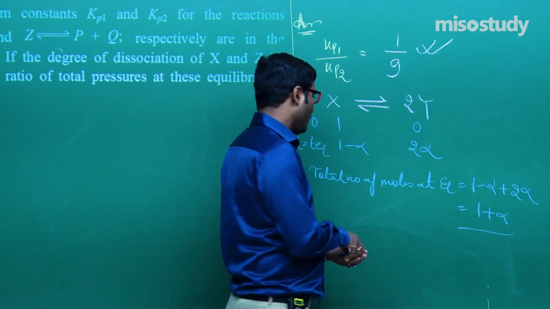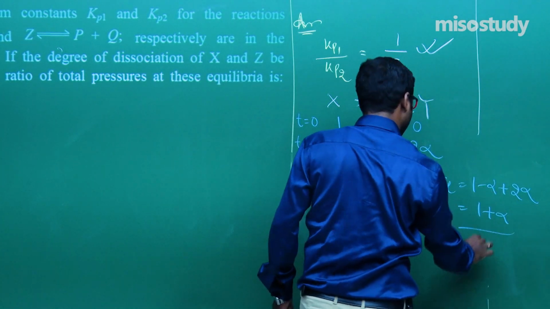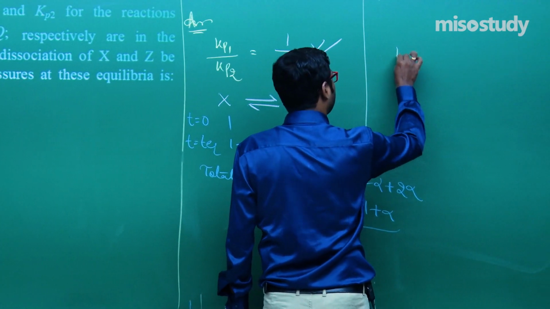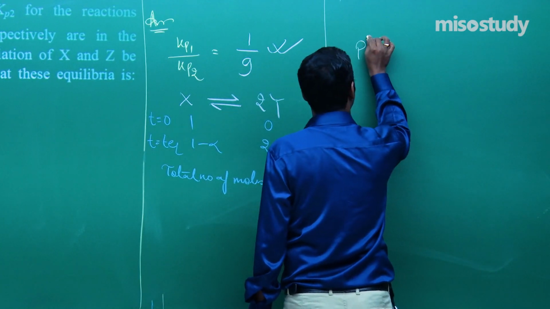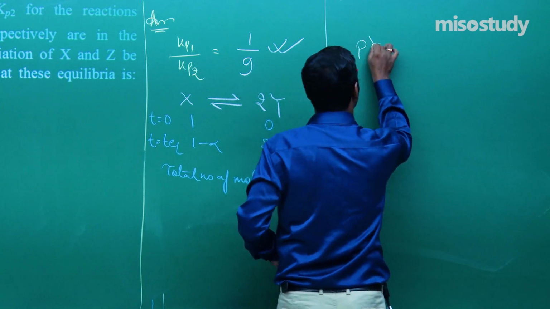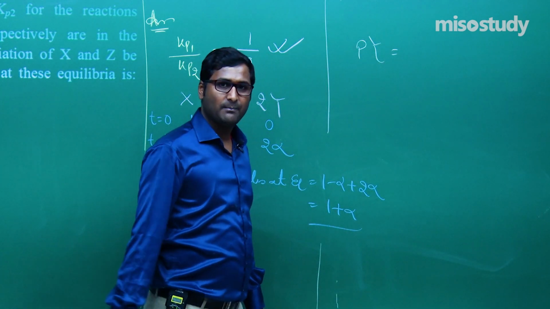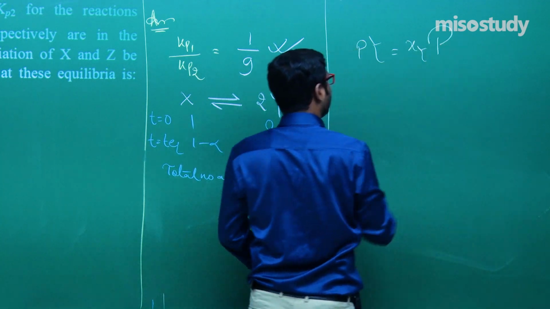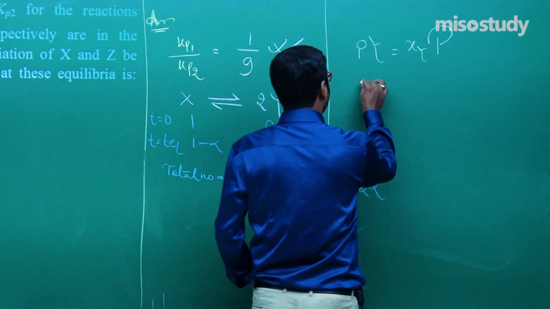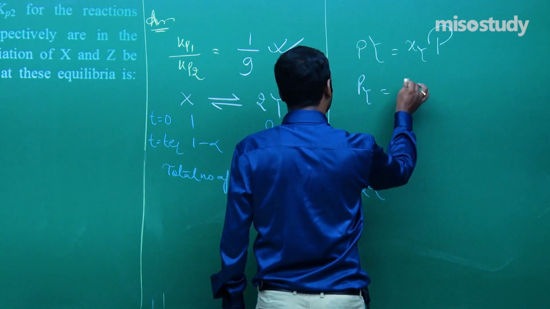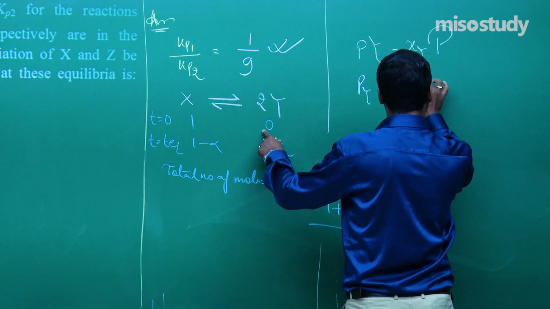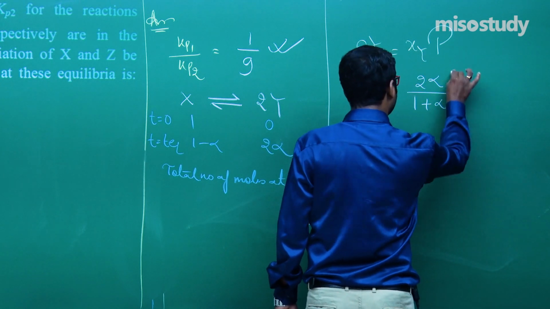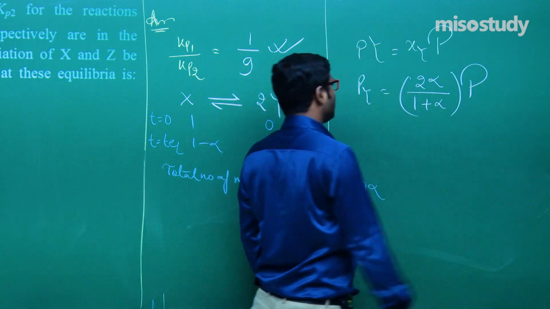Now the partial pressure of Y, PY, is the mole fraction of Y into total pressure. PY is equal to 2 alpha, the given number of moles, upon total number of moles into P. Am I right or wrong?